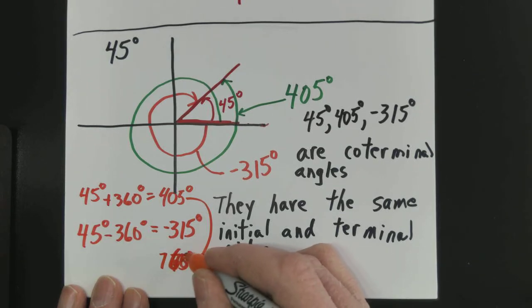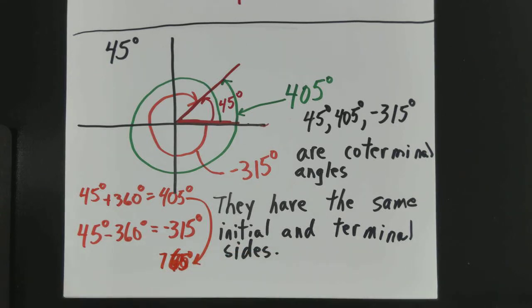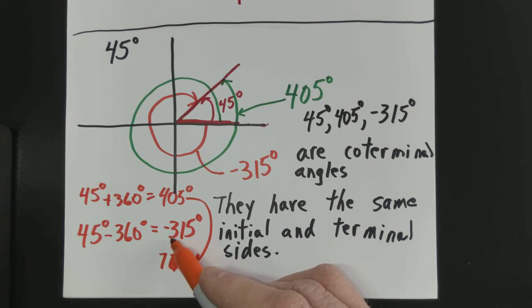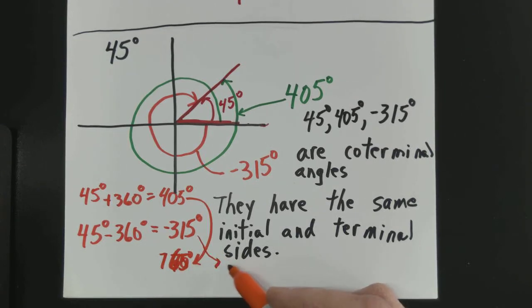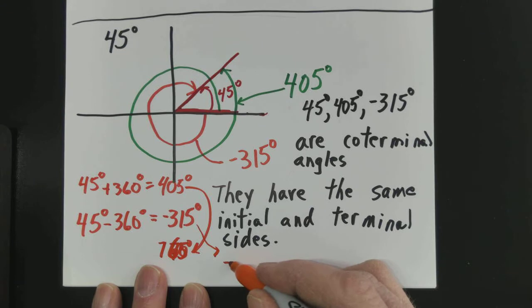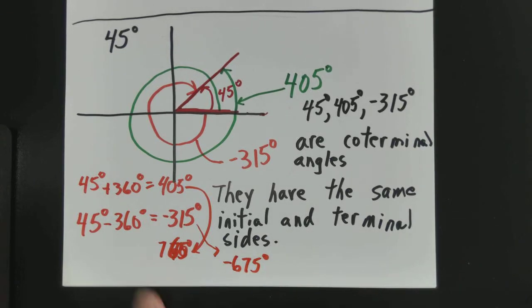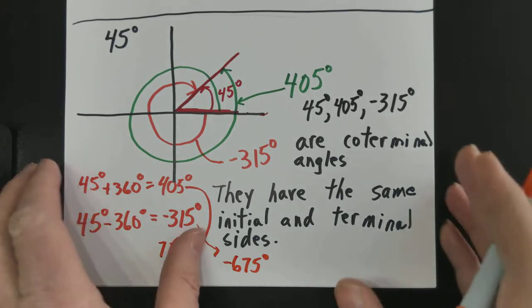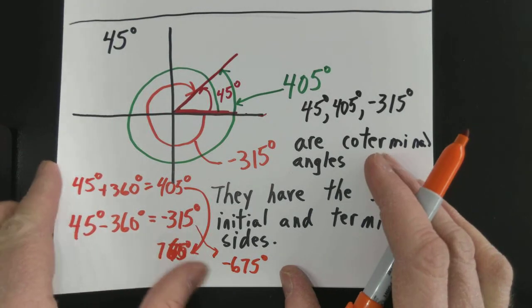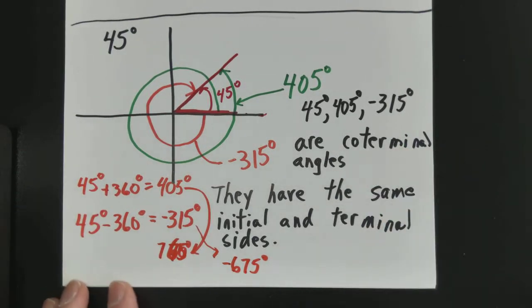Okay. If I add 360 degrees, or if you subtract 360 from this, you could have negative 675. Now I'm nervous. Is that right? All right, we good there?